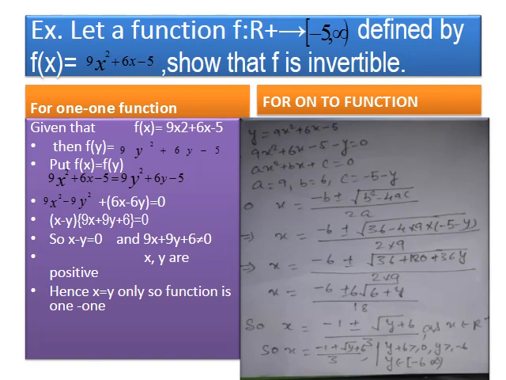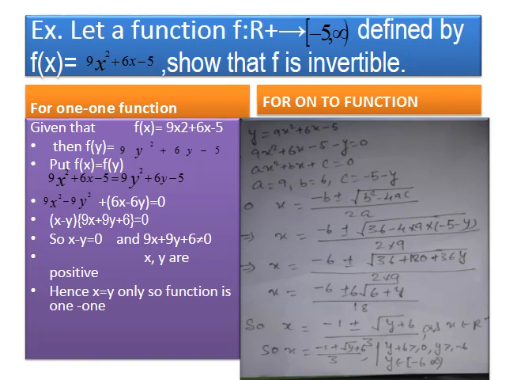So we get x equals minus 6 plus minus, and 36 is common under the root. Okay, so after taking the square root we get 6 out. So we are left with x equals minus 6 plus minus 6 under root (6 plus y) whole upon 9 into 2 is 18.